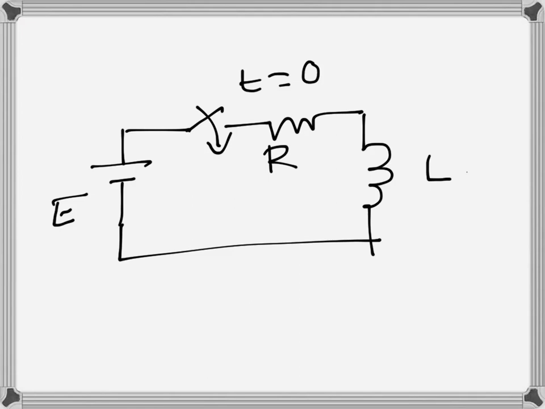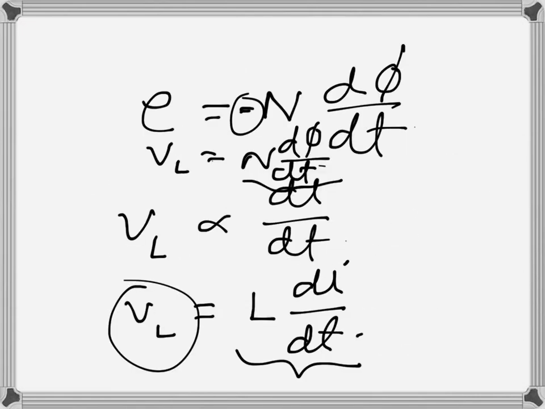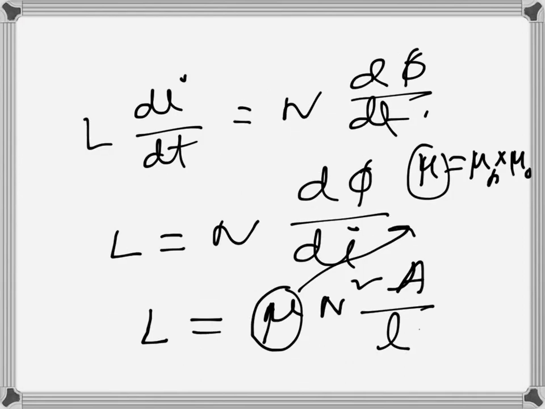What happens is the current cannot achieve its steady state value instantly. It takes a while because of the inductance, because inductance opposes the change of current. It is the induced voltage in the inductance, the voltage that we get from Faraday's electromagnetic induction law, that opposes the change of current, because it's trying to oppose the reason that is causing it.